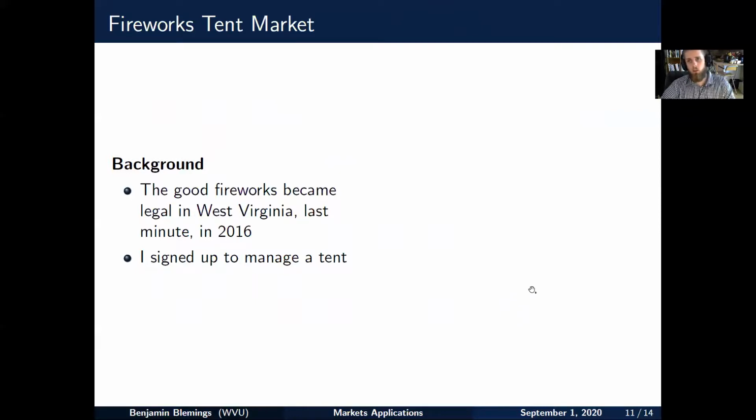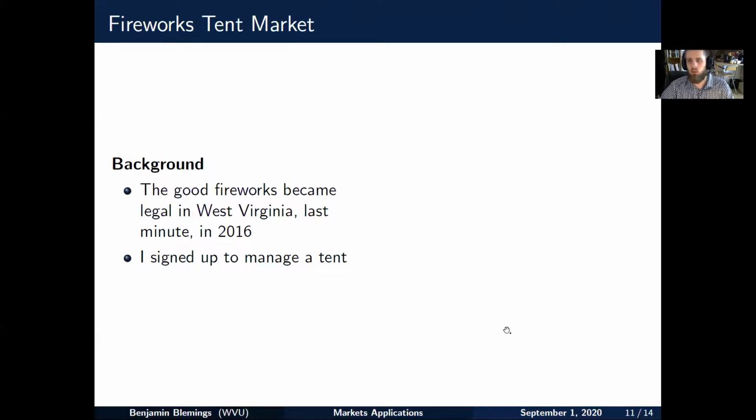So the next thing that we have to do with supply and demand is shift supply and demand curves in response to market scenarios that might happen, so that we can get insights into predictions about how changes will affect markets. An example from my personal life is the good fireworks, those that go up in the air and go boom, became last minute legal in West Virginia in 2016.